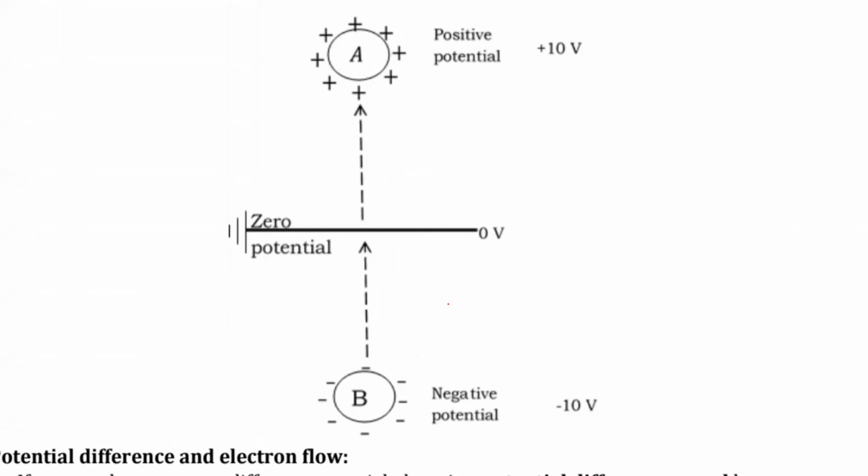One is A, the positive potential point, and B is the negative potential point.